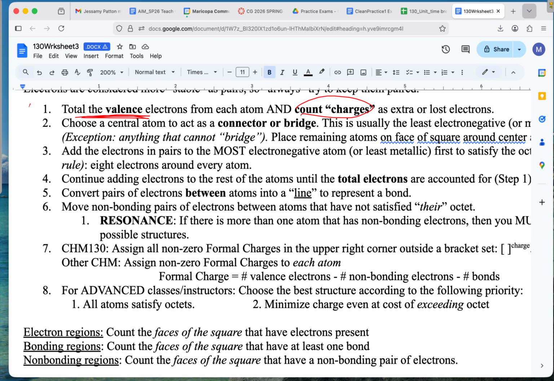Okay. Then you'd hit rule 6. Rule 6 is the tricky one. But in rule 6, what you're now going to do is move pairs of electrons to ensure that all your atoms have their octet. And it notes there is a quote there for quotes their octet. Do all atoms need 8 electrons?